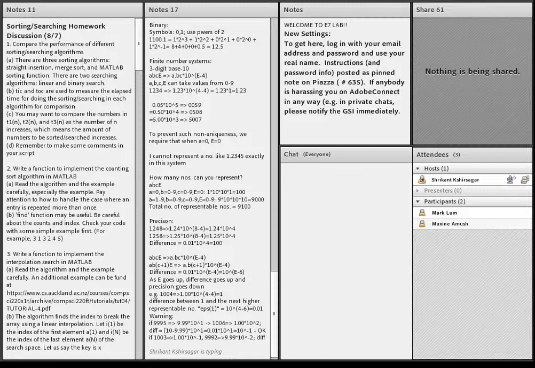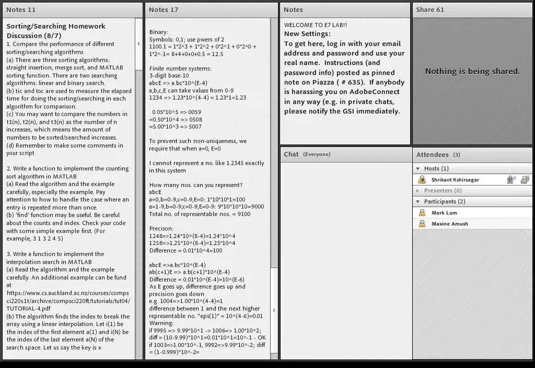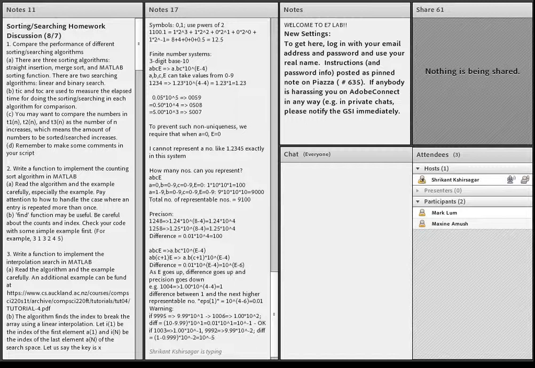So the difference between these two numbers is simply 1 minus 0.999 into 10 raised to minus 1, which is, so the difference is 0.001 times 10 raised to minus 2, so that is 10 raised to minus 5, right?